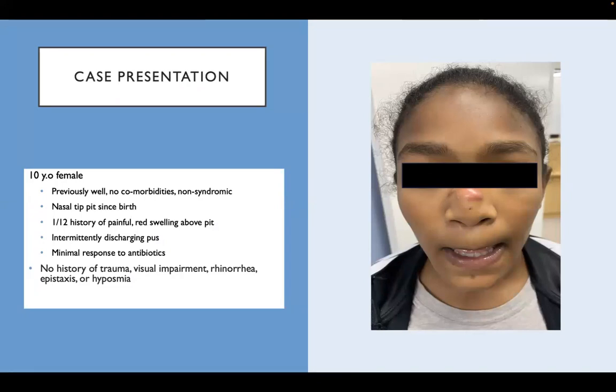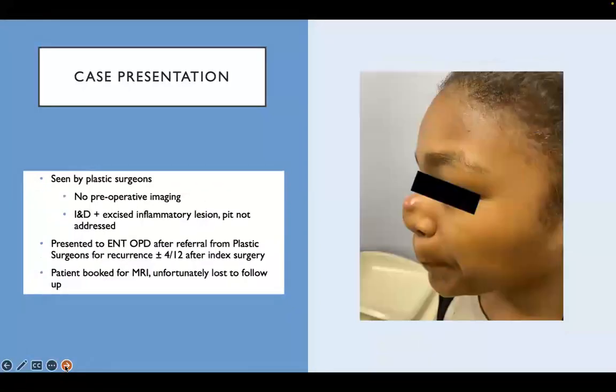She had a nasal tip pit since birth and presented with a 1-month history of a painful red swelling just above the pit. It was intermittently discharging pus, and she showed a minimal response to antibiotics given by the local clinic. She had no history of trauma, no visual impairment, no rhinorrhea, no epistaxis, and no hyposmia.